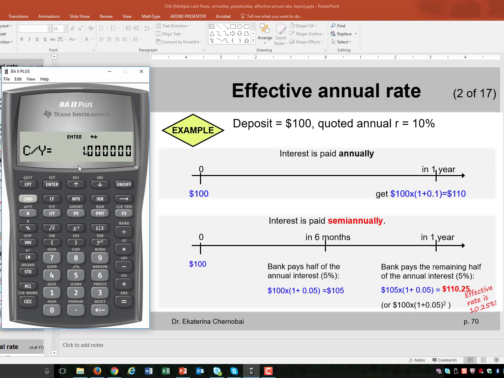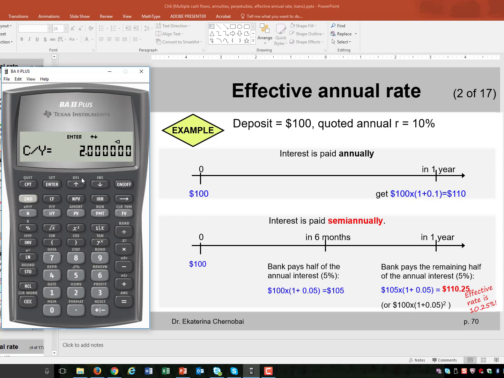What should this be changed to? With semi-annual compounding, or twice a year that the interest is earned, you want to set this to 2. Press 2, enter. So we enter 10% quoted rate, 2 times per year is how often the interest gets compounded within a year.